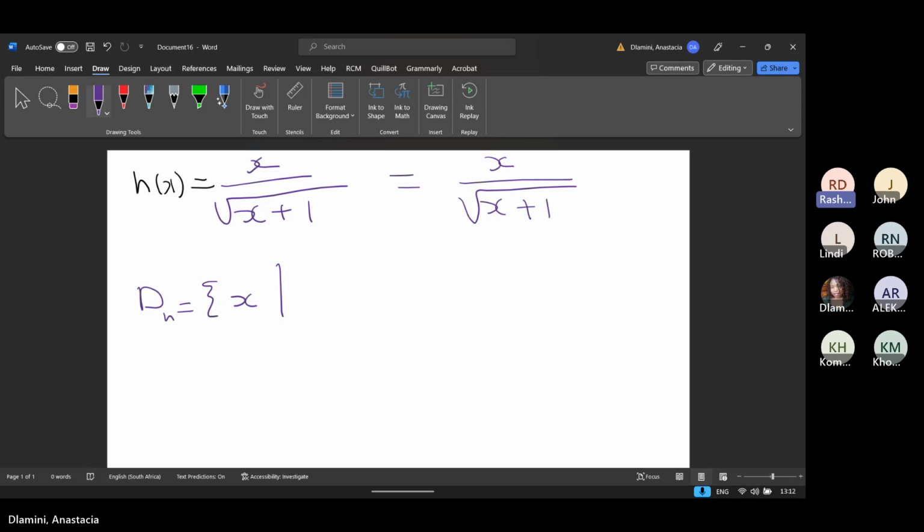Because we said anything under the square root should be greater or equal to 0. What is that anything? I don't want you to confuse yourself. Start there. We said anything under the square root should be greater or equal to 0. What is that anything? It is x plus 1. Thank you. So you're saying x plus 1 is greater or equal to 0, right?